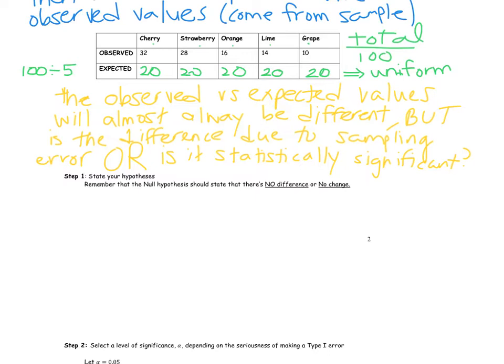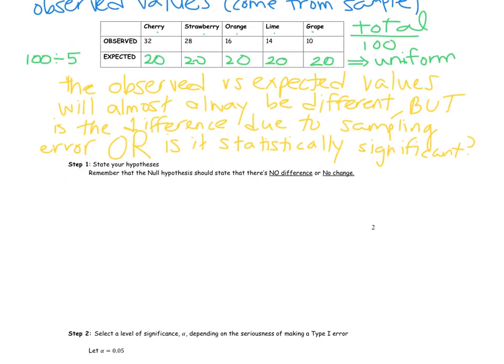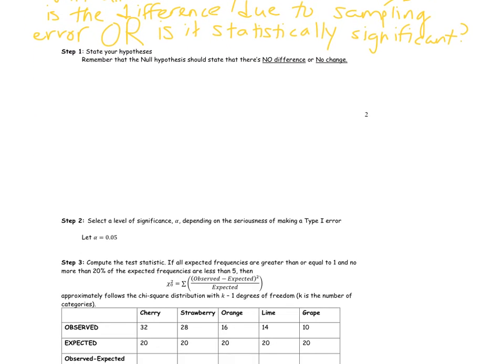We're going to state our hypothesis, and this is always the same. The null hypothesis should state that there's no difference or no change. We'll do it in general, and then we'll do it for our case.